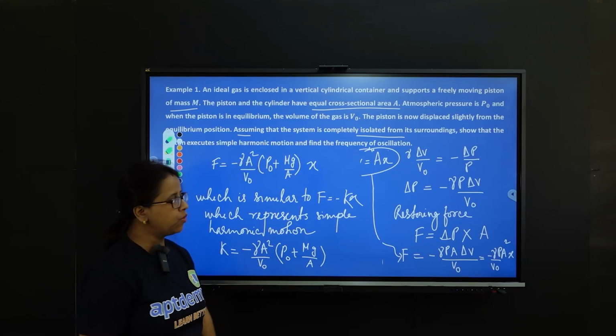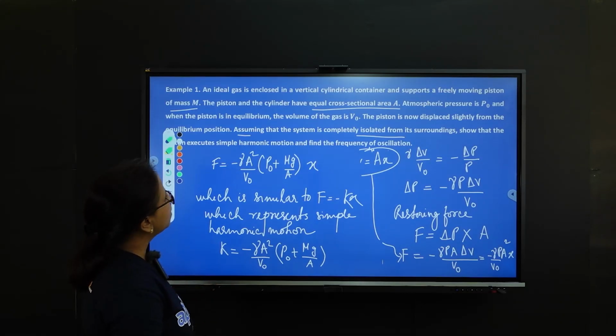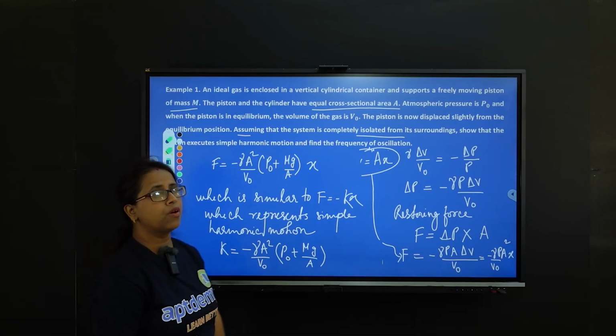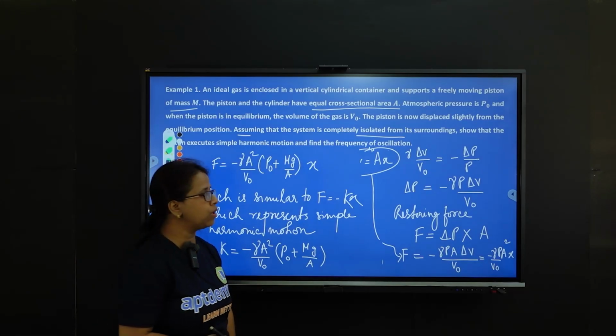So now you have the value of K, and we can find the frequency of oscillation for simple harmonic motion.